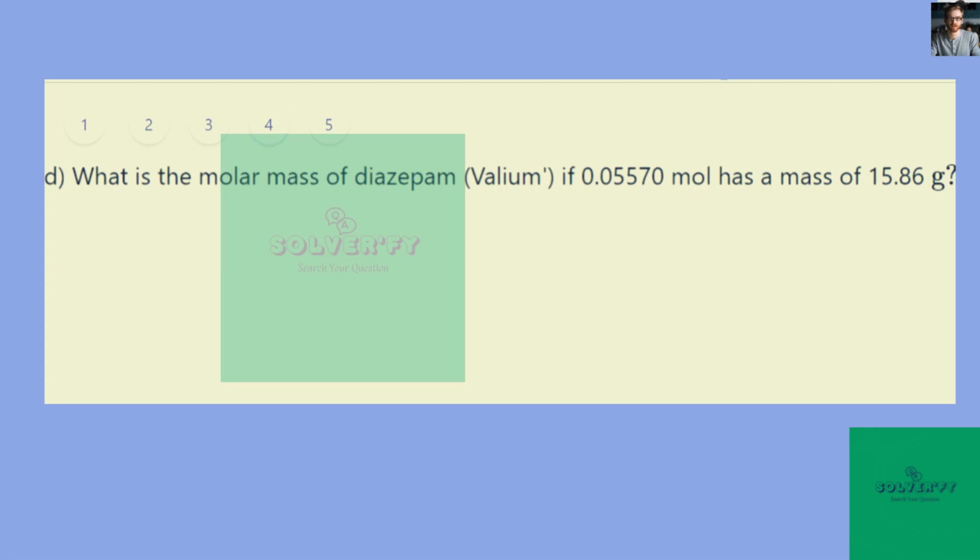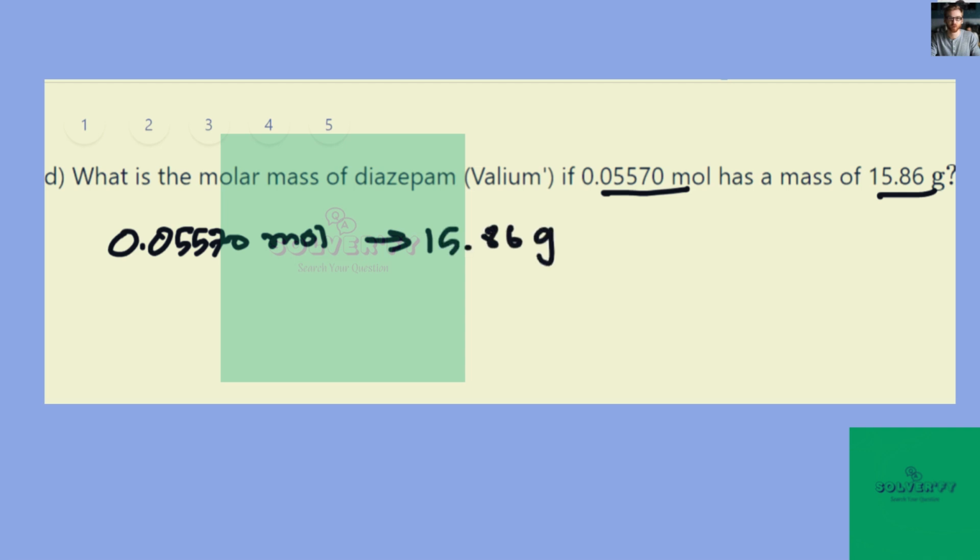Then in this problem we have to find out the molar mass of diazepam, which is also named Valium, if this much mole has a mass of 15.86 gram. So that's a very easy and simple thing, because 0.0557 mole contains 15.86 gram.